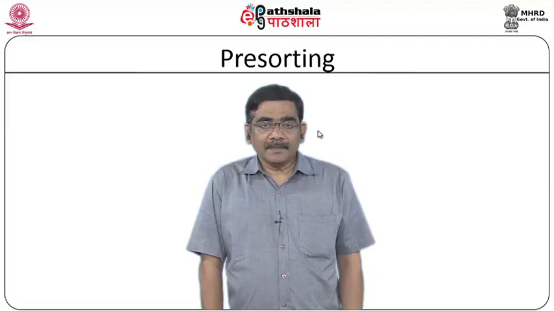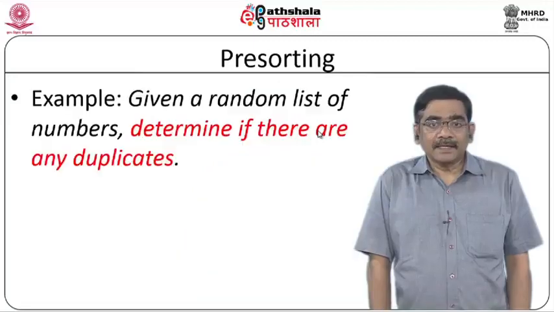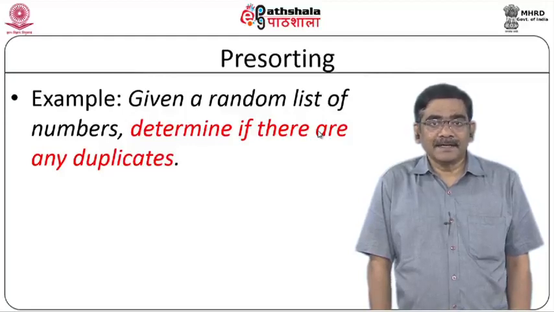One example of this is called the pre-sorting method. The pre-sorting problem can be formally stated like this: given a random list of numbers, we have to check if there are any duplicates.